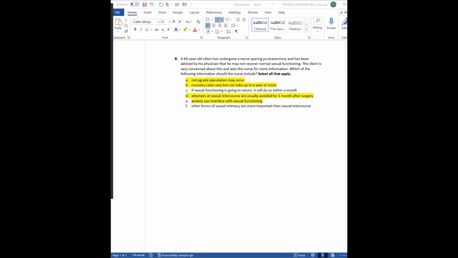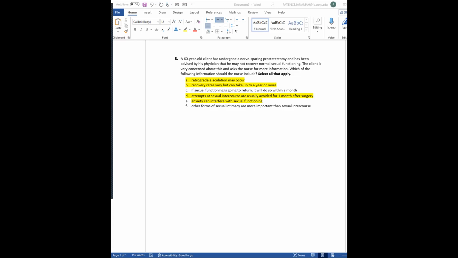We have acetaminophen, Tylenol. I'm talking about overdoses of these medications. If a patient overdoses on Tylenol, the antidote is N-acetylcysteine. It is given orally.